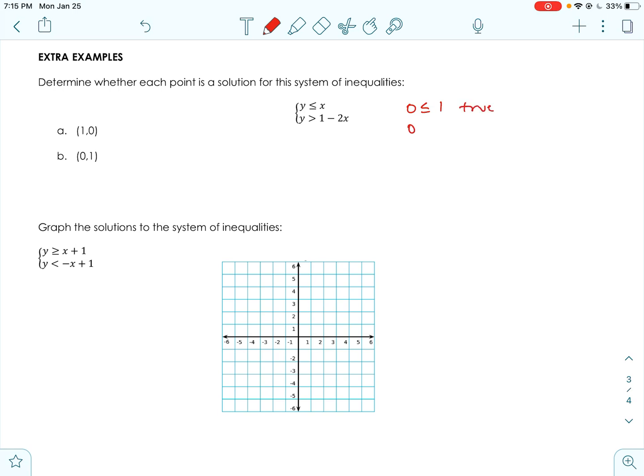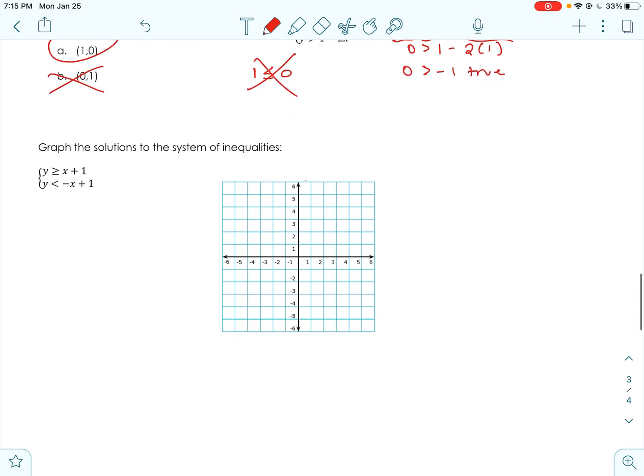And if you plug in, 0 is greater than 1 minus 2 times 1, that'd be 0 is greater than 1 minus 2, which is negative 1. That's also true. So that is a solution to this system of inequalities. If we check the second point, we'd have 1 is less than or equal to 0. That is false. So this is not a solution to this system of inequalities.